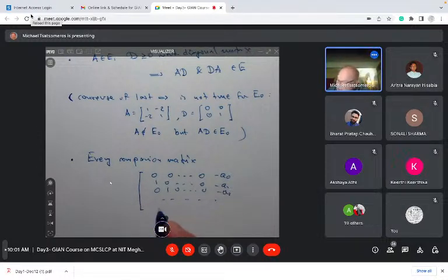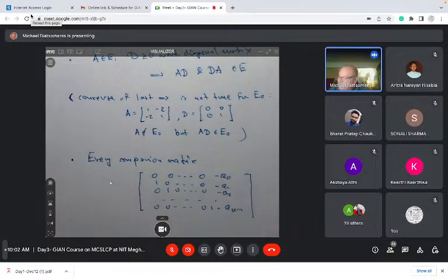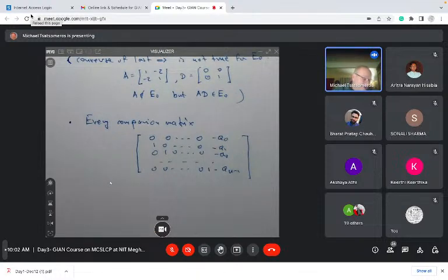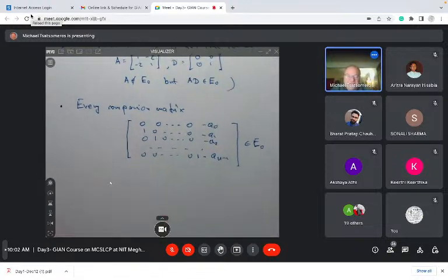The last row is 0, 0, 0, 1, and then minus a sub n minus 1. So if you take a matrix of this type, a companion matrix of a characteristic polynomial, it belongs to E0. It's easy to prove that.